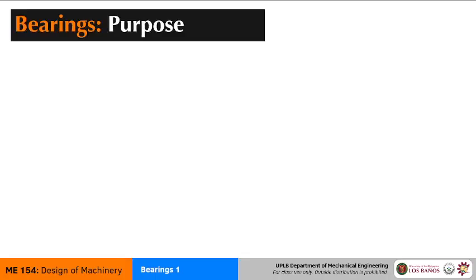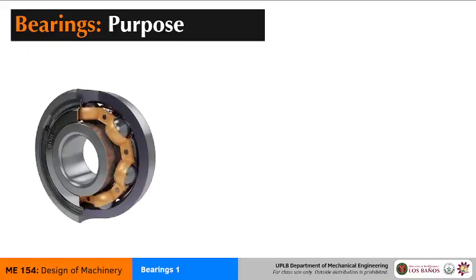For those who don't know what bearings look like, this is one kind of bearing. As you can see here, this bearing has been cut open at the half point. So half of it is still sealed as usual, and half of it is exposed for you to see what's inside.